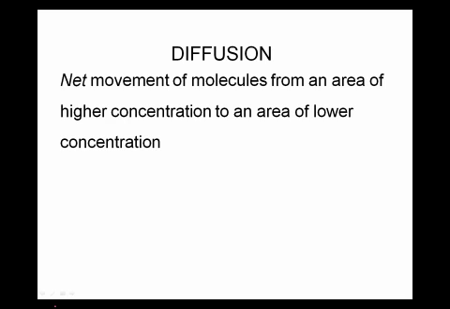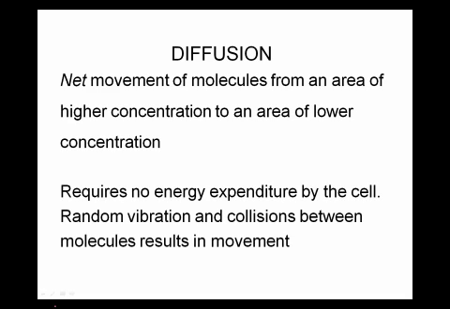Diffusion is the net movement of molecules from an area of high concentration to an area of low concentration. Things move down their concentration gradient. So movement is from high concentration down to low concentration. Whenever things are diffusing in a cell, this does not require that the cell spend any energy.